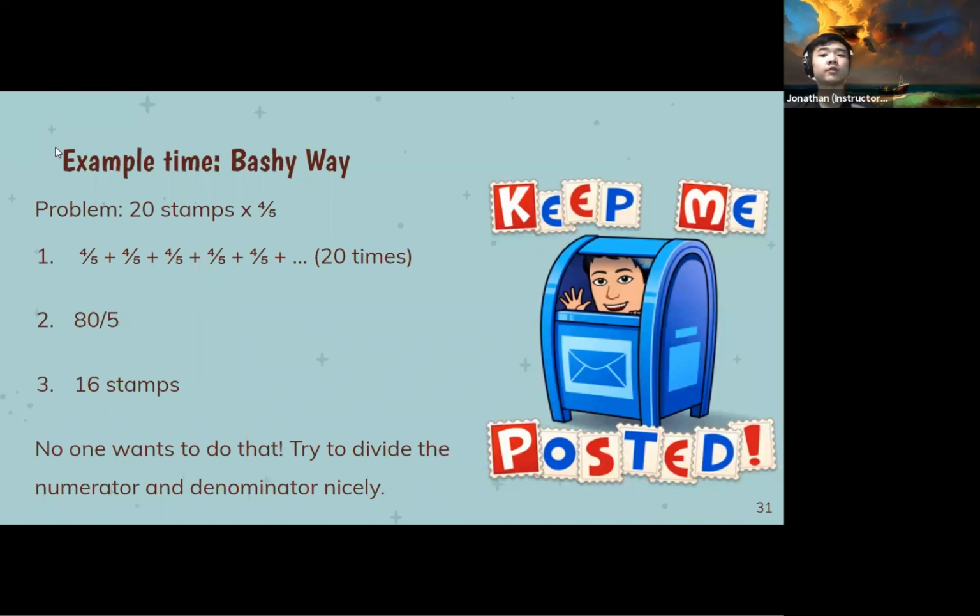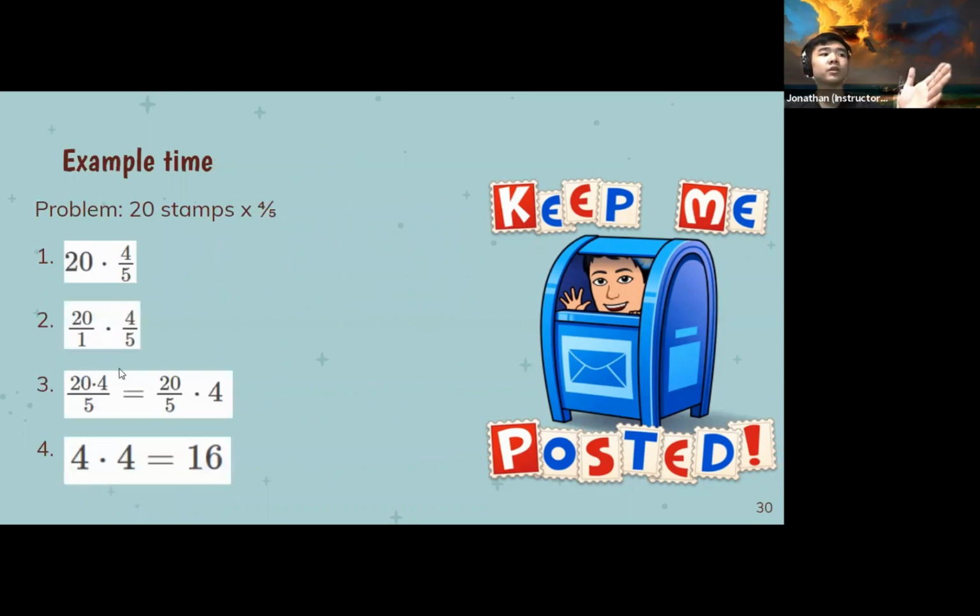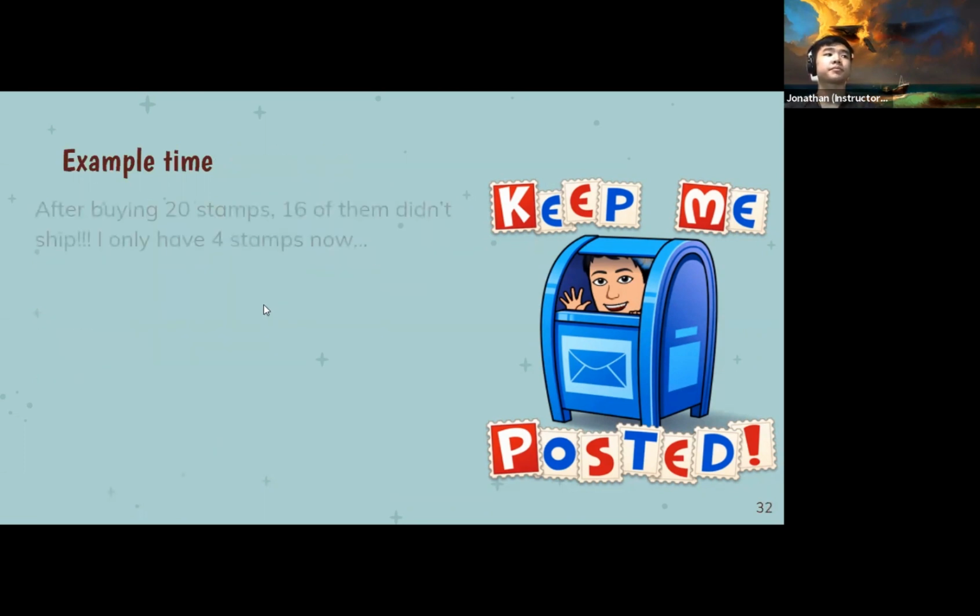Then it'll be 80 over 5, and 80 divided by 5 is 16. But no one wants to do that, so we want to always make sure if we can divide the top and the bottom nicely, we can do that. So if we do 20 divided by 5 first and then times 4, it's easier than 80 divided by 5.